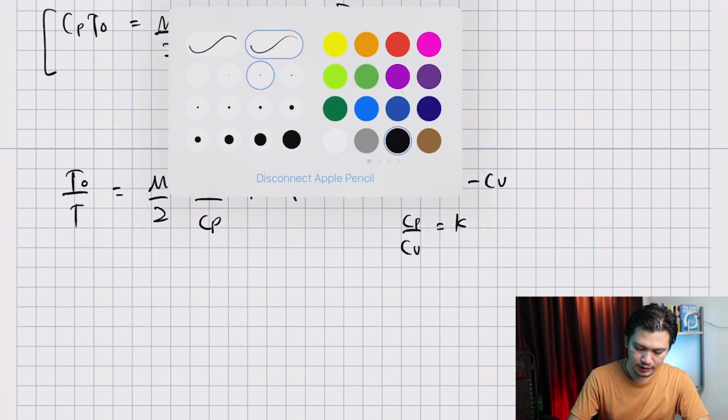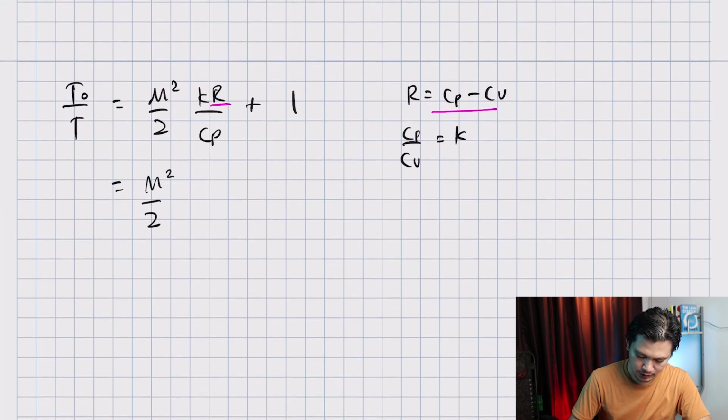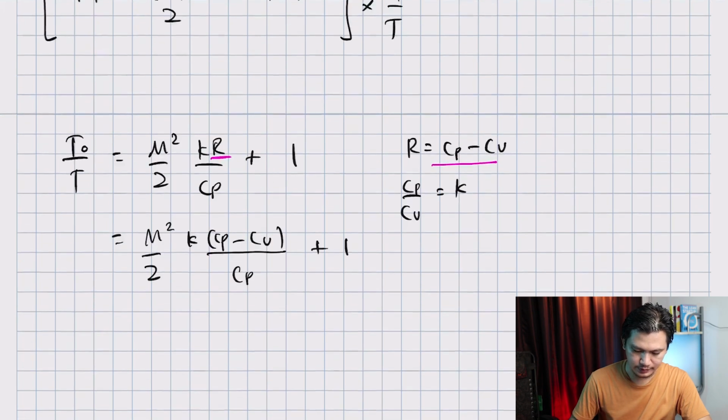So if I replace R with this equation, I will end up with T0 over T equal to M squared over 2 times k(Cp minus Cv) over Cp, plus 1.